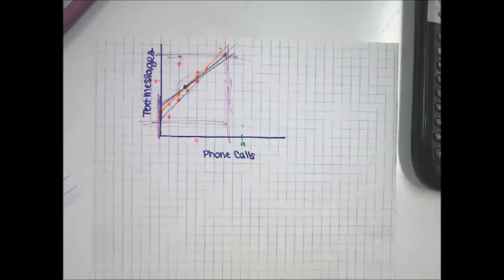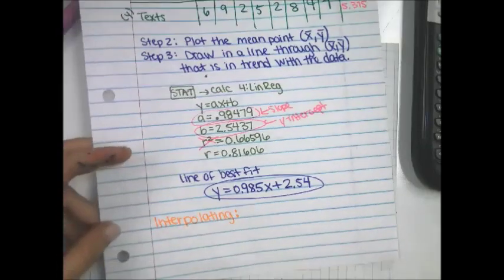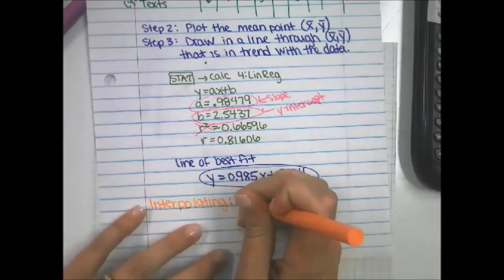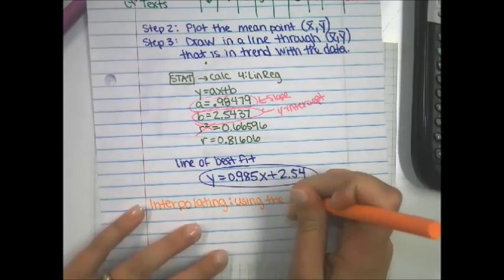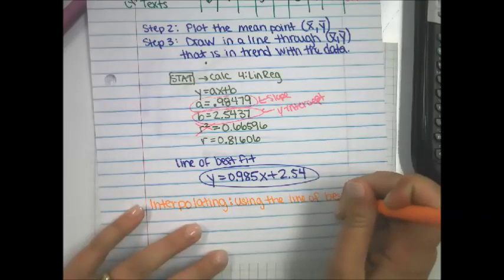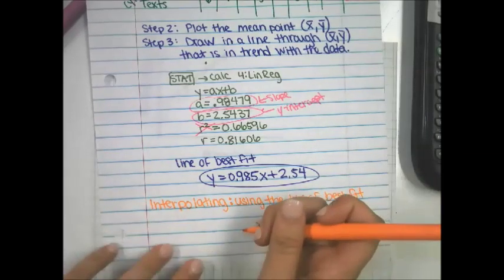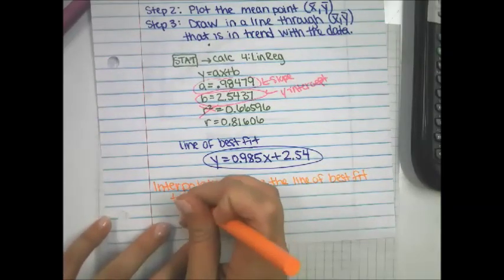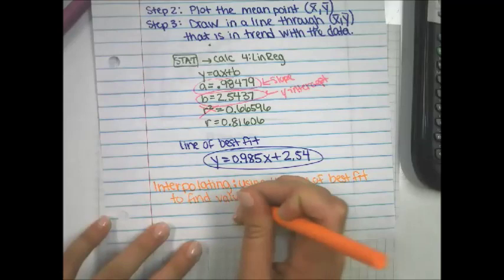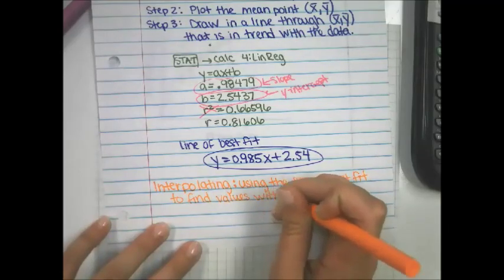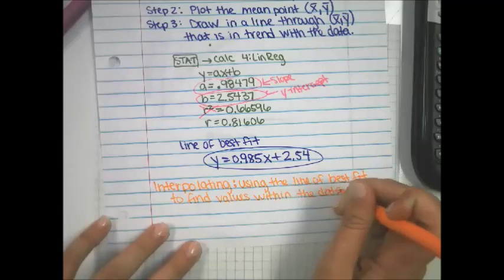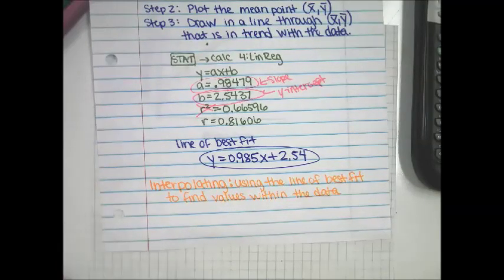And extrapolating is not as precise. There is error that can happen whenever you try to go outside of your data values. So there's more error that is possible, okay? So interpolating is using the line of best fit to find values within the data.